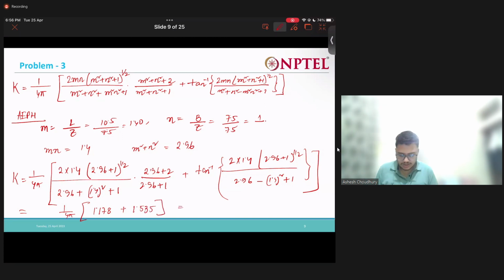Right, so it will be 1 by 4 pi into that, close to 0.2. Okay, it will be about 0.2. So we got this for AEPH area, right? So K for AEPH.